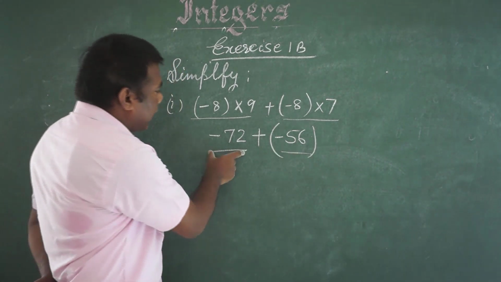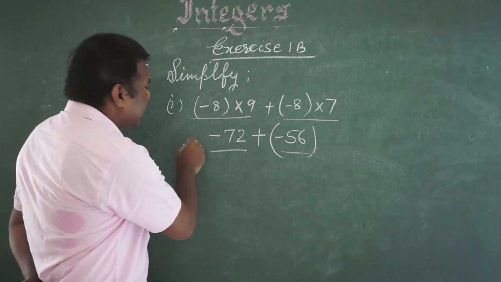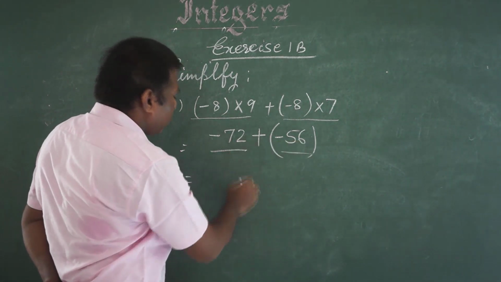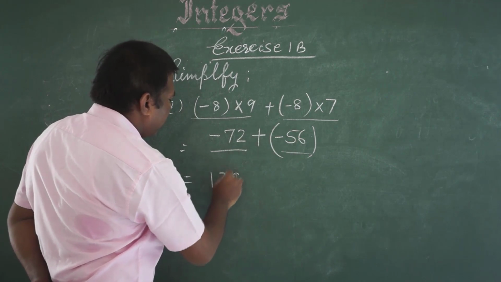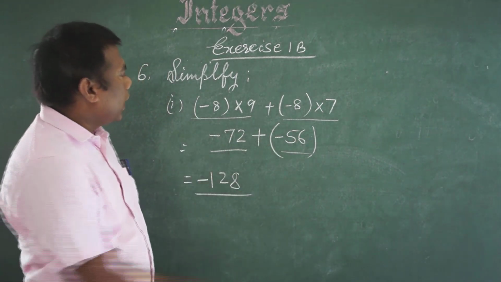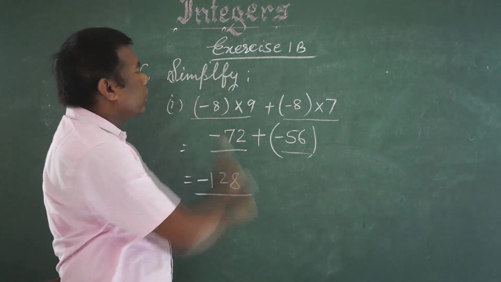If two negative integers need to be added, we simply add and the sign will be negative. So here 2 plus 6 is 8 and 7 plus 5 is 12, and the sign will be negative. So this will be your answer. Likewise, you solve the rest of the questions. Try to complete exercise 1B.